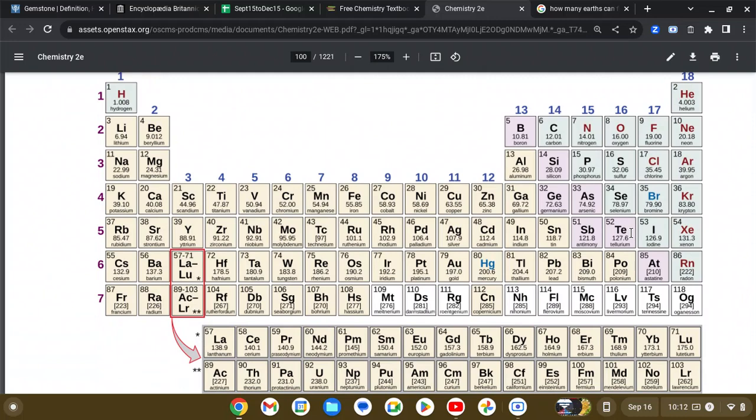krypton. Row 5, rubidium, strontium, yttrium, zirconium, niobium, molybdenum, technetium, ruthenium, rhodium, palladium, silver, cadmium, indium, tin, antimony, tellurium, iodine, xenon.